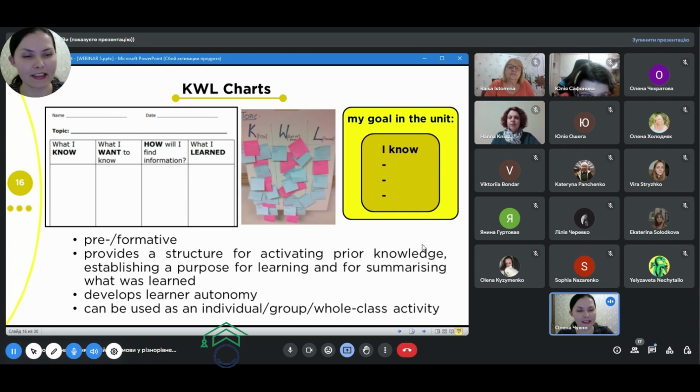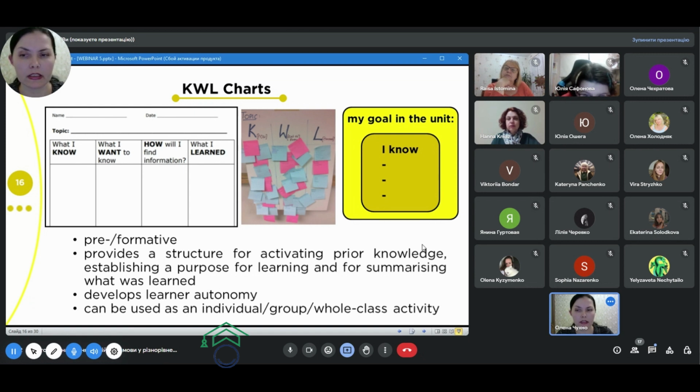And since this consists of 3 steps, you start using this technique before, for example, reading or explaining the new grammar topic, and you finish after that. So it can be considered a pre-diagnostic technique, and the formative assessment.